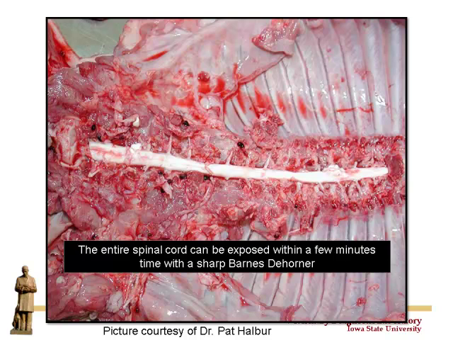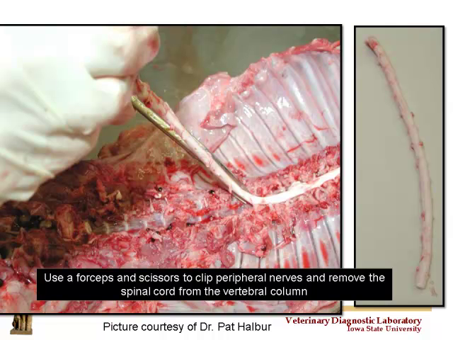And you can open the spinal column up and expose it in a nice fashion, and then after that you could just cut the cord out and cut the peripheral nerves off as you go up the spinal cord, and you have multiple sections to take. Very easy, quick and dirty. Don't worry if you don't always hit the spinal cord. We don't need big chunks, we just need it for the diagnosis.